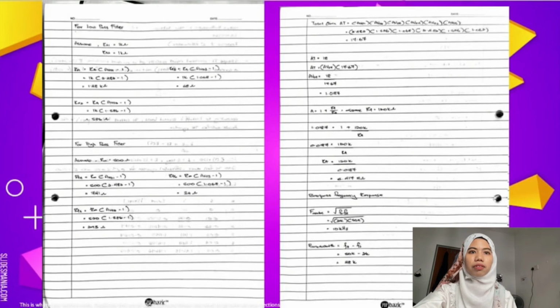For the band pass frequency response, we use the formula to find F center. The formula is the square root of FL multiplied by FH and we get the answer 10 kilohertz. To find the bandwidth, frequency high minus frequency low, and we get the answer 48 kilohertz.